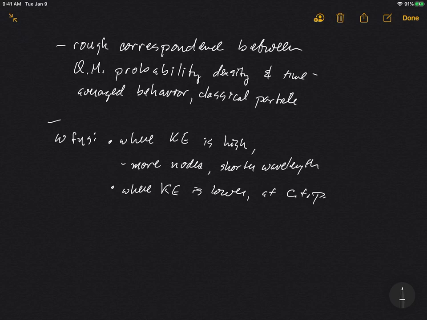You can still calculate it. Anyways, at the classical turning point, and as you approach the classical turning point, longer wavelength and fewer nodes.